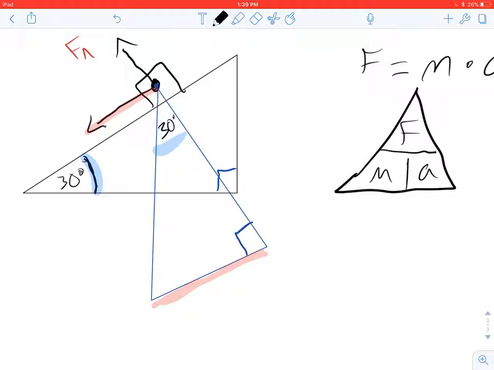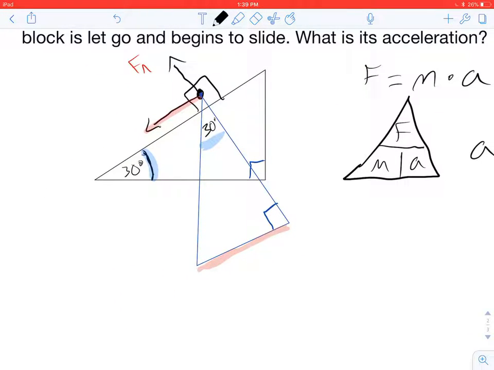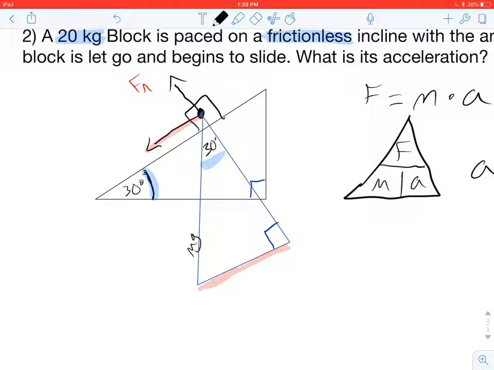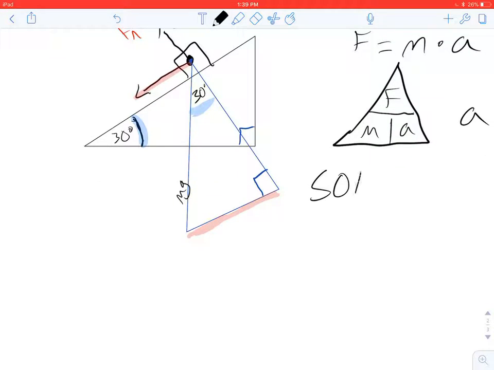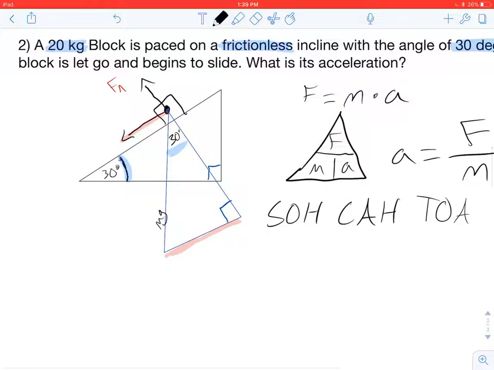And we know that according to gravity, this side right here is going to be m times g, our mass times gravity. And using SOHCAHTOA, some trig identities to find this bottom side of this triangle, that angle in red.